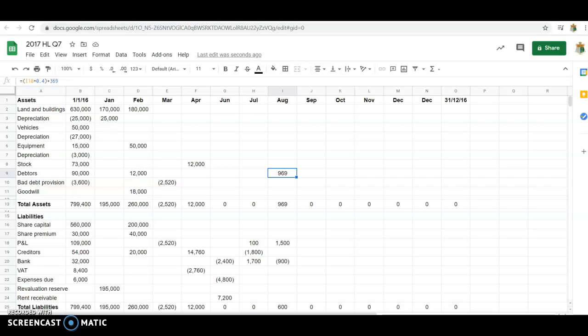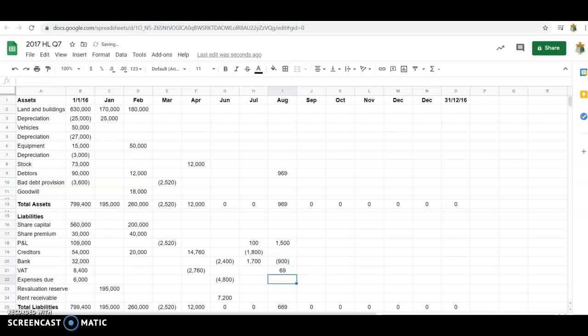Now that 369 includes VAT of 23%. All right, so you are going to figure out what's the VAT element of that, and that's going to go into your VAT account. All right, so you're going to go 369 includes VAT at 23%, so divide by 123 and multiply by 23.